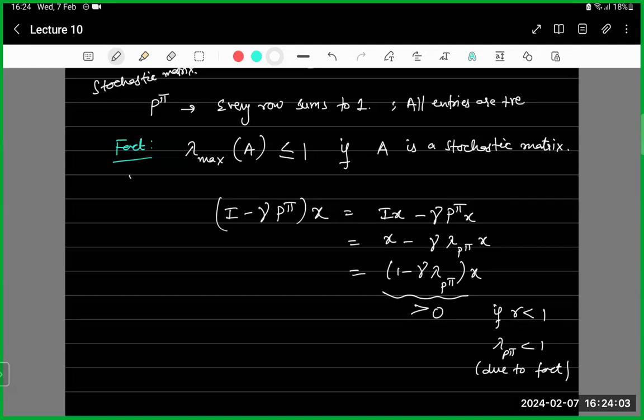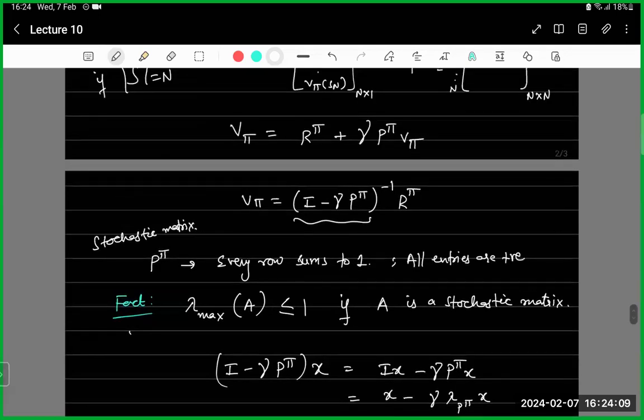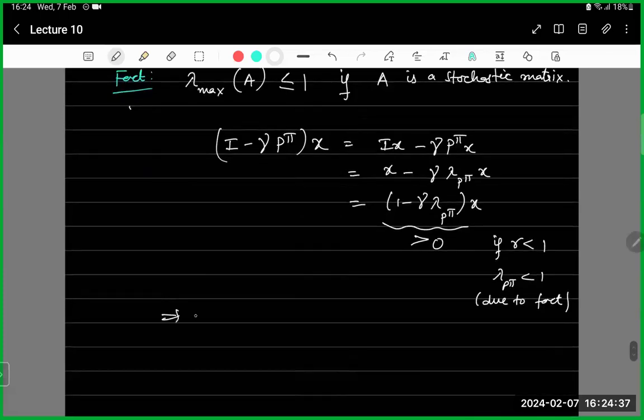So we'll have a set of equations in V pi. We just argued that those equations are sufficient to solve for V pi. Those are not arbitrary equations, those are good equations which we can use to solve V pi. So V pi can be solved using the Bellman equation.